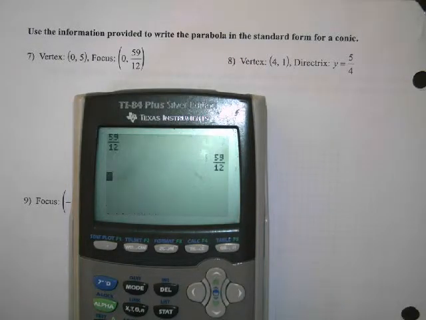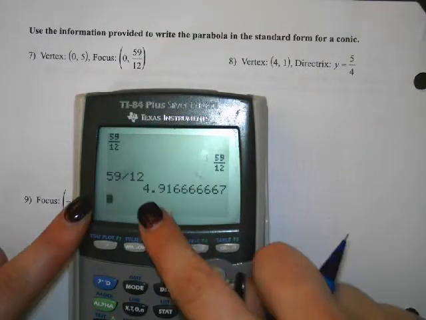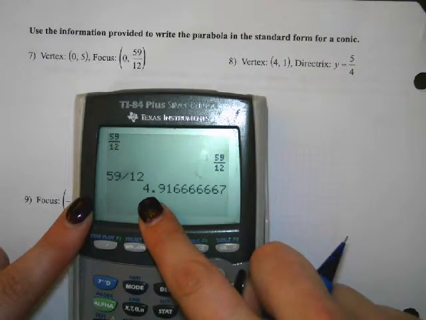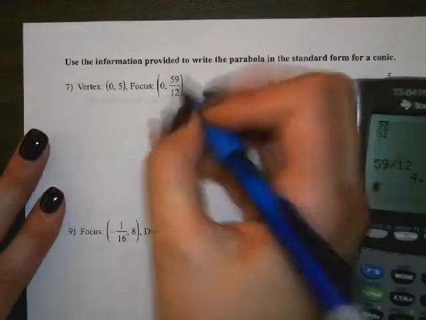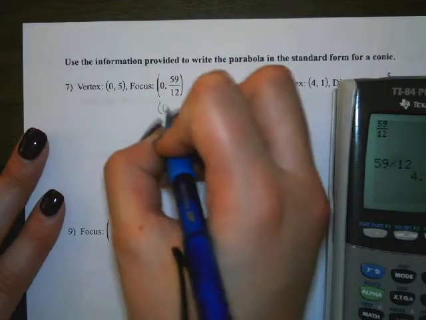Actually, I can't really turn it into a mixed fraction that way. Okay, we're going to do 59 divided by 12. That's 4.9. So I know that this point is going to be (0, 4 and some fraction).